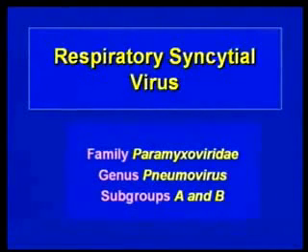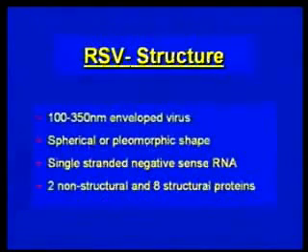Now, the classification, we talked about these, the subfamily Pneumovirinae, and then the genus Pneumovirus, of which the chief member is the RSV. There are two subgroups, A and B, that have been described for RSV.